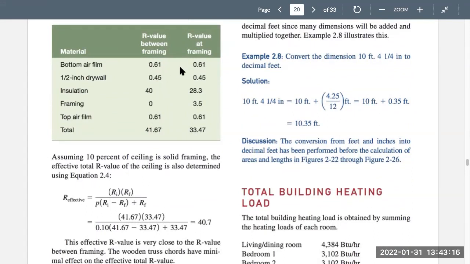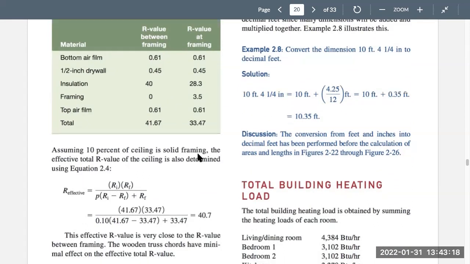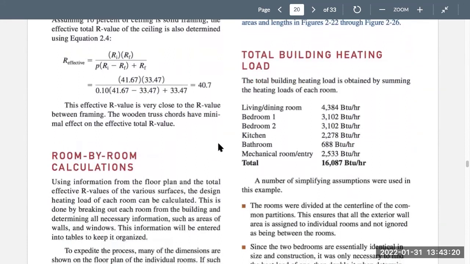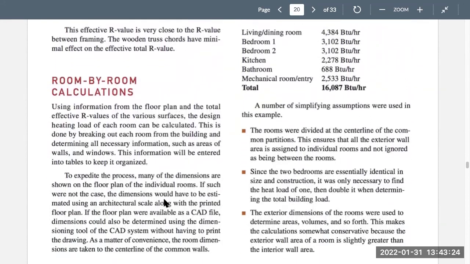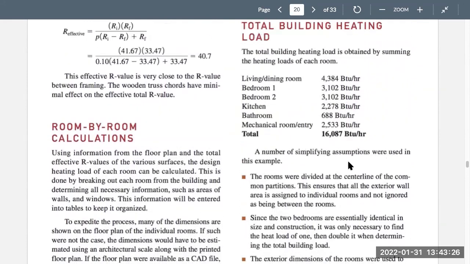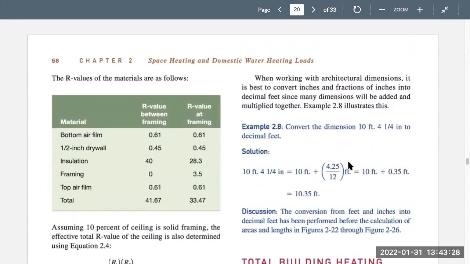So, you know, these things are hard to get exact. So that's the best you can do is try to look at it. And then you got to go room by room. So we already know how to do this. We already know how to do converting. So if we have something that's 10 foot, 4 1/4 inches, we need to divide it by 12 like we did.